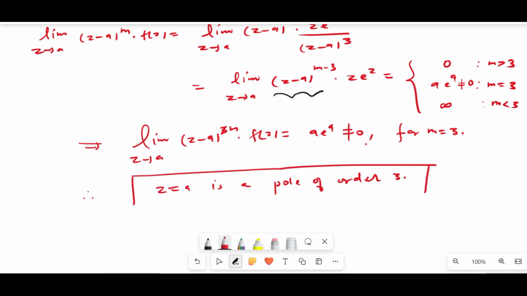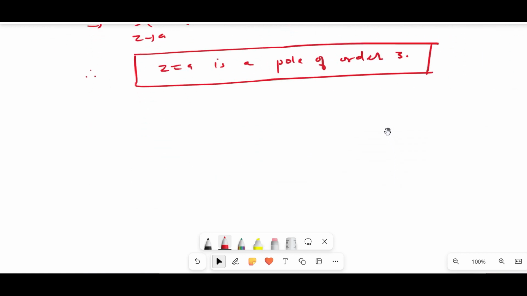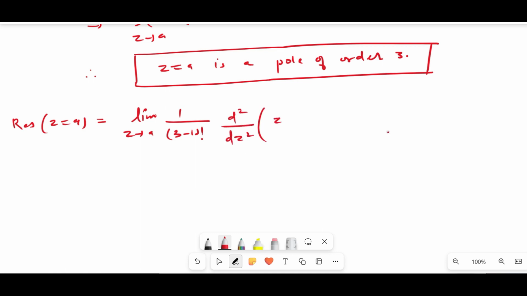So now we can find the residue of this given complex function easily by using the formula. So the residue at z is equal to a will be the limit z tending to a, 1 upon 3 negative 1 factorial, second derivative d square over dz square of z negative a to the whole power 3 times z e to the power of z over z negative a whole power 3.